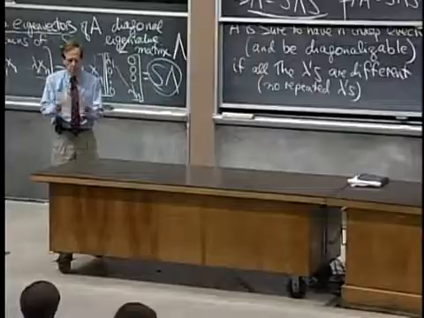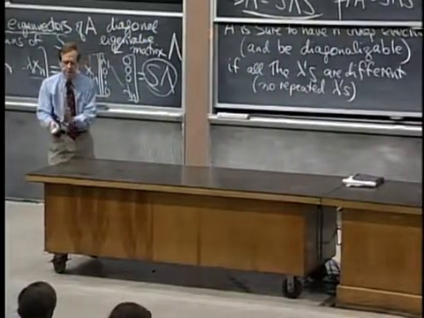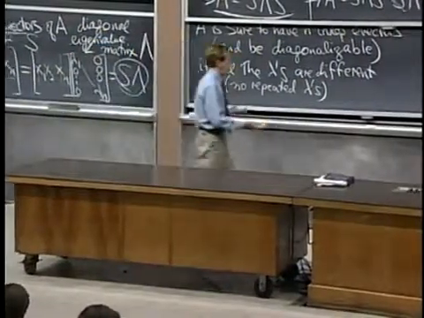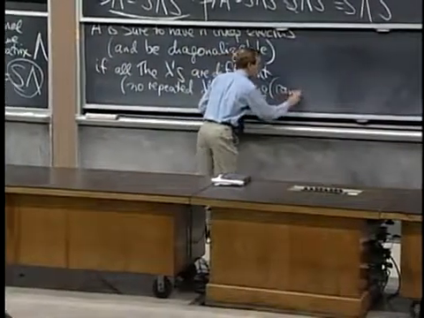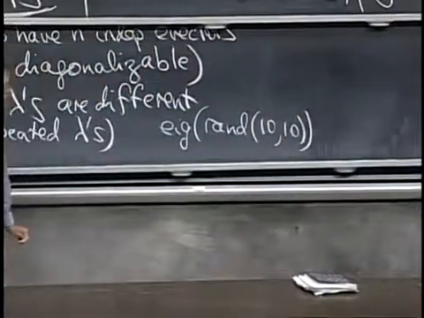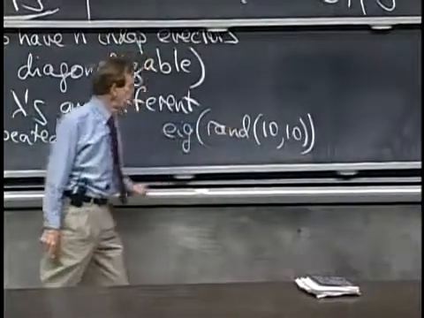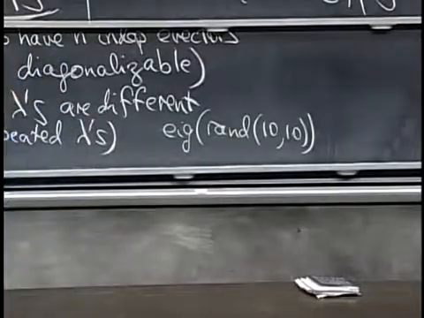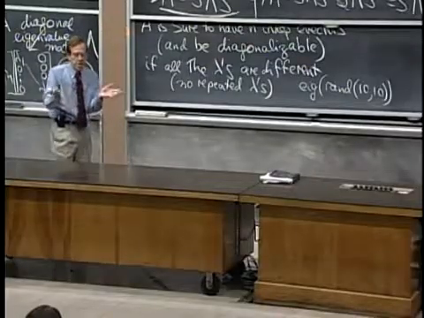If I do a random matrix in MATLAB and compute its eigenvalues, if I took eig of rand of 10, 10, that MATLAB command gives a random 10 by 10 matrix. We would get a list of its 10 eigenvalues, and they would be different. They would be distinct is the best word.